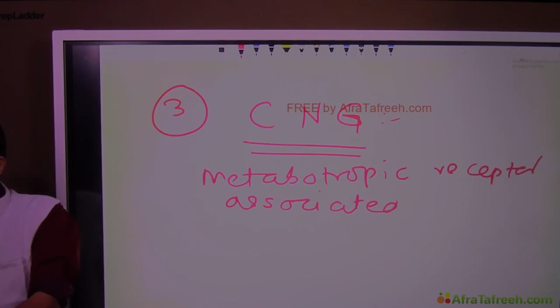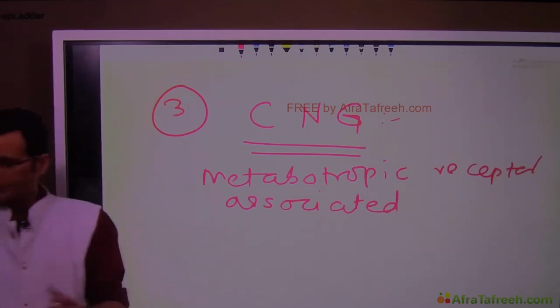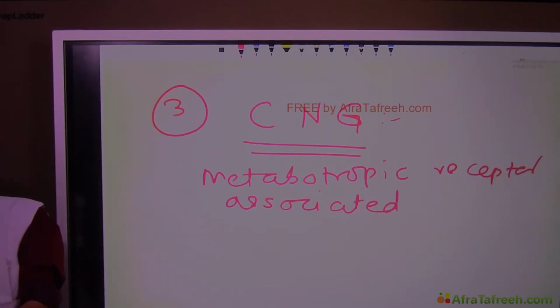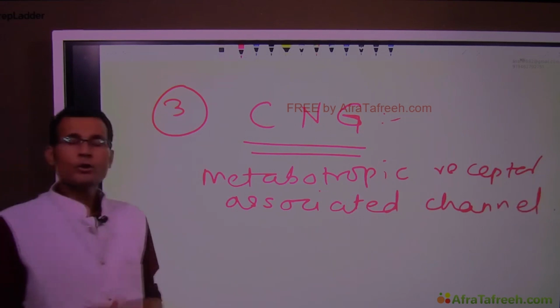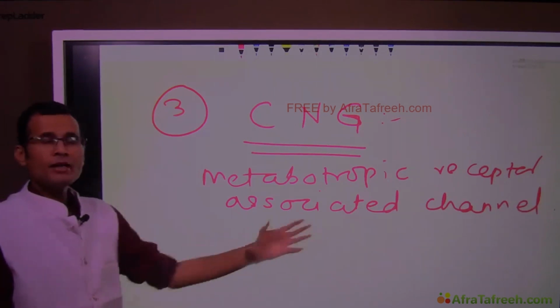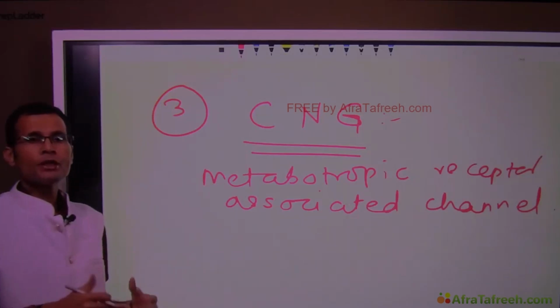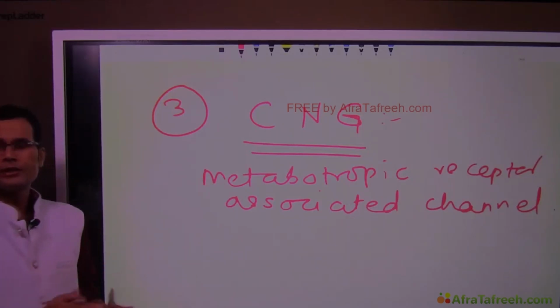So receptors are different and therefore the mechanism is different. We can also call it GPCR associated channel, G protein coupled receptor associated channel.